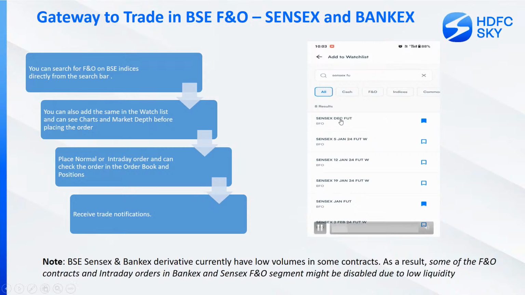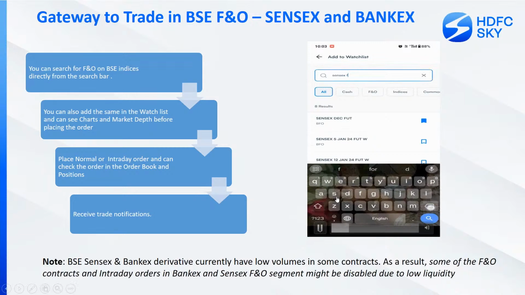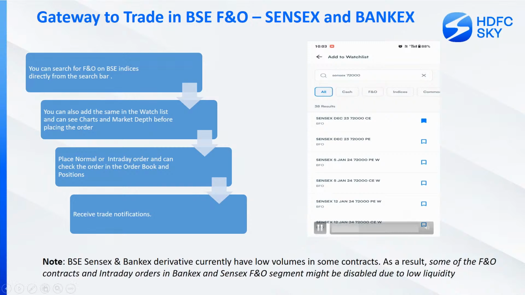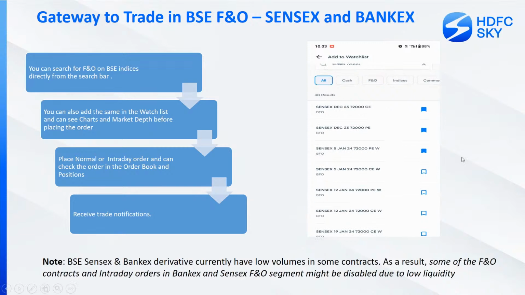You can check it in the All section, whatever futures and options contracts. It's still not reflecting in F&O, but you can check in the All segment. You will be able to see all the BSE F&O contracts. Here I have added to the watch list. On the right hand side is a tag wherein you can add it directly to the watch list.